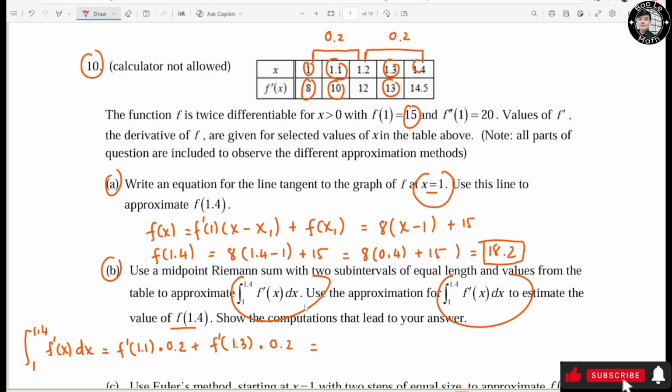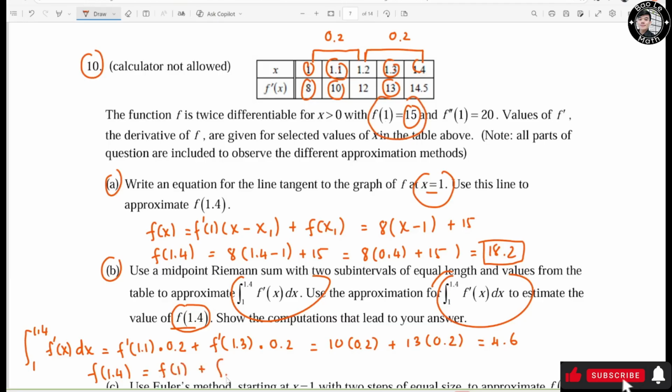Now f prime of 1.1 is actually 10 times 0.2 plus f prime of 1.3 is actually 13 times 0.2, and it's going to be 4.6, right? Now to calculate f of 1.4, we're going to use the fundamental theorem of calculus, right? So f of 1.4 equals the initial value, which is going to be f of 1 right here, right?